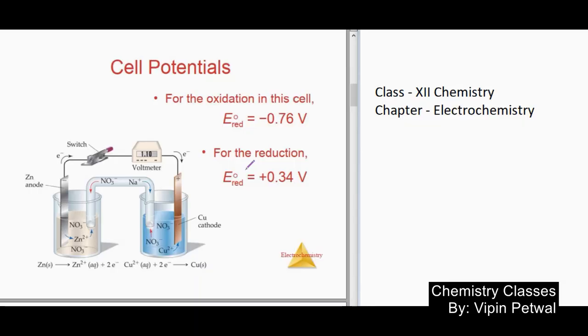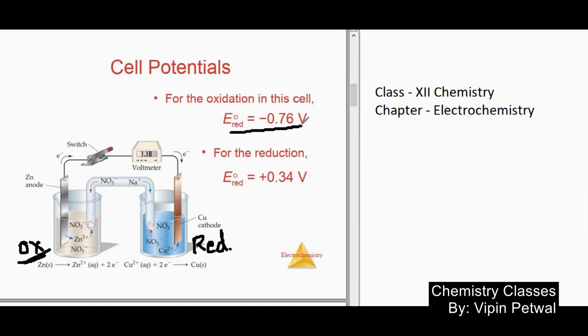Say for example, as we know, this is the oxidation half cell, and this is the reduction half cell. Okay. Say for example, the oxidation potential, or we can say the electrode potential of this left side half cell, is equal to minus 0.76.